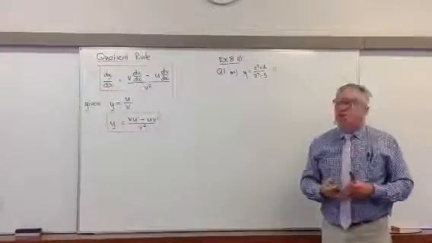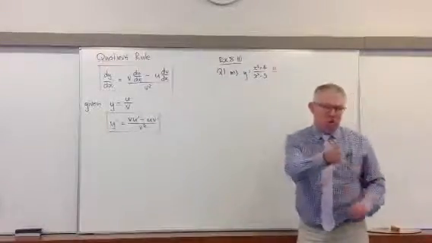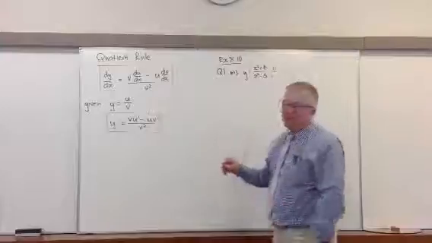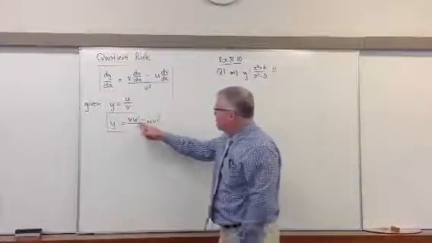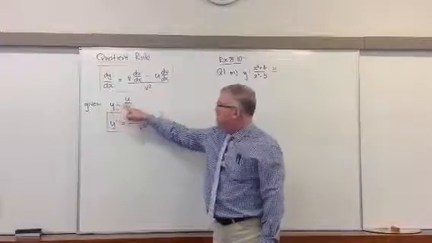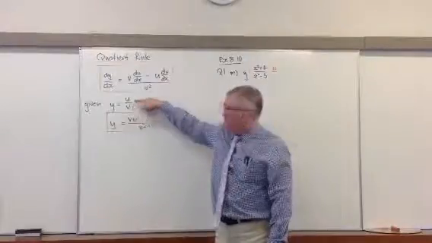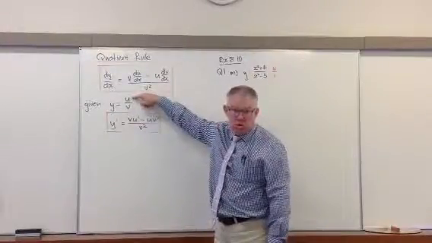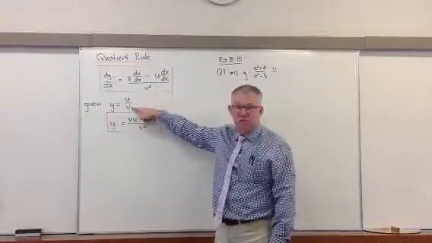Because see over here, if we're given y, which is a function of x divided by a function of x, this function here, u, is a function of x, and this function here, v, is a function of x.